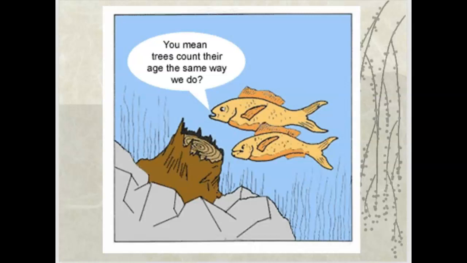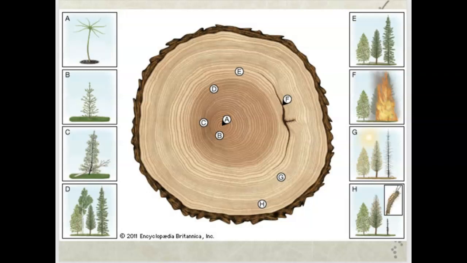So you go, oh, well, there's 47 rings there. That tree was roughly 47 years old. So it not only can tell us age, those growth rings and how they grew, how big they are, did they have problems, etc., tells us about environmental conditions that plant has experienced during its lifetime.